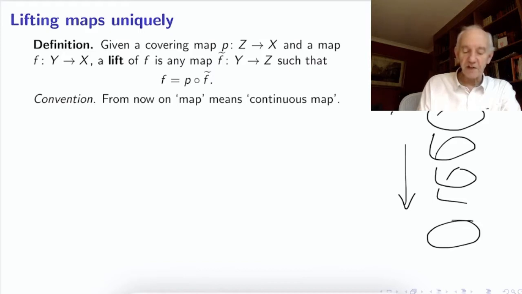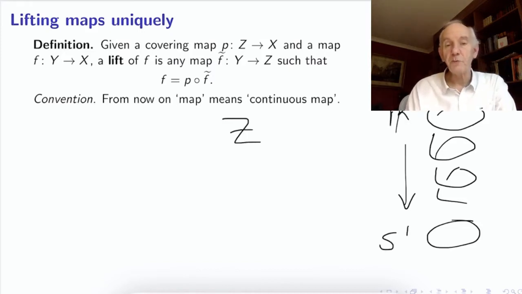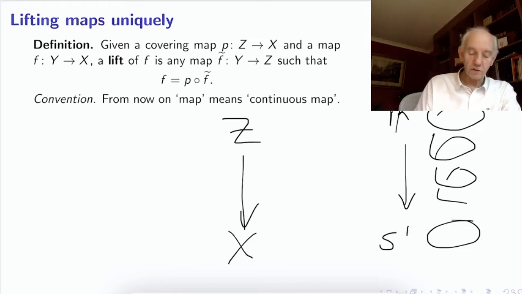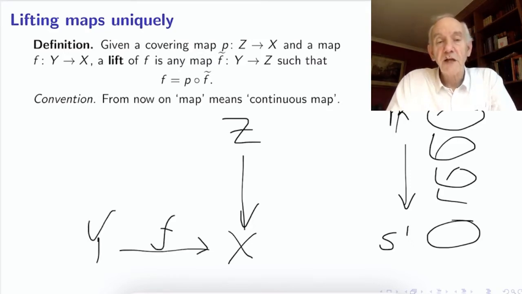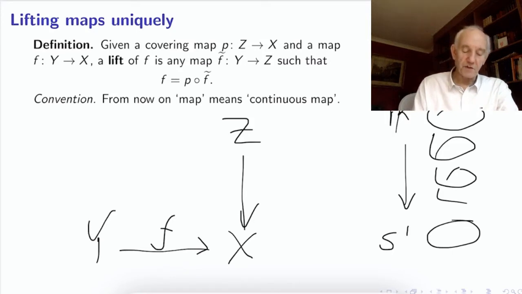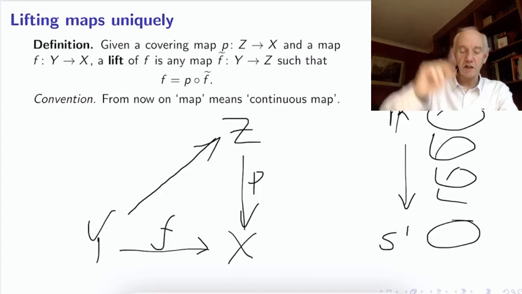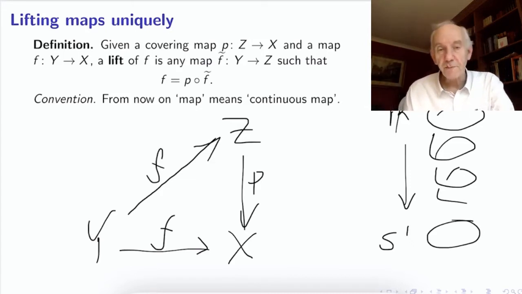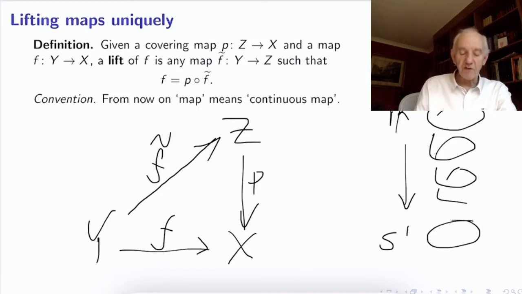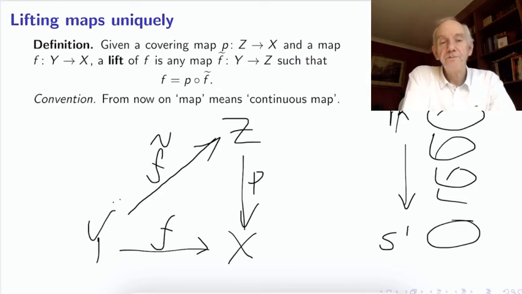More generally, we would have Z goes to X. And we suppose we have another space, called Y, and some mapping F from the topological space Y to the space X. Then a lift of F, and you could do this for any spaces, but I'm thinking of this as a covering map here, simply means a map F tilde from Y lifted up, because you think of Z as vertically above X, lifted up to Z, so that you can get F by doing F tilde followed by P. So that's this equation here, so the triangle commutes. That's the definition of a lift.